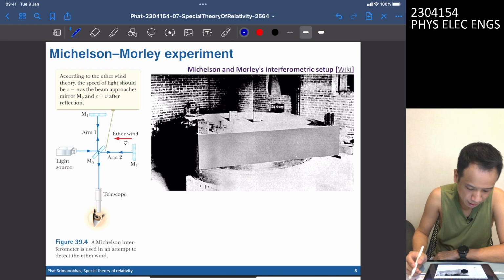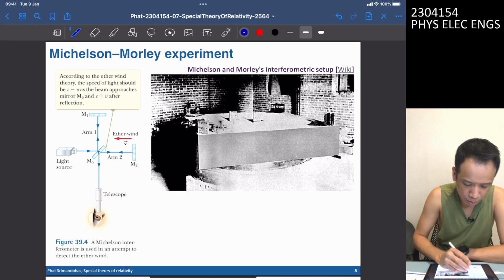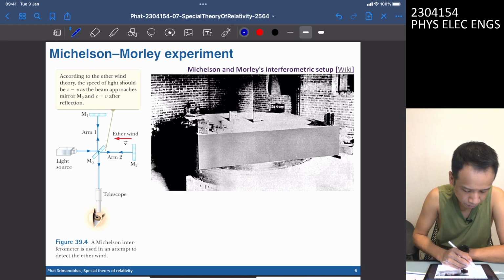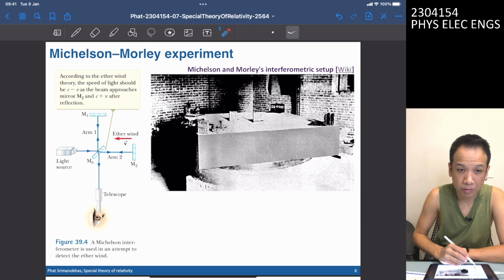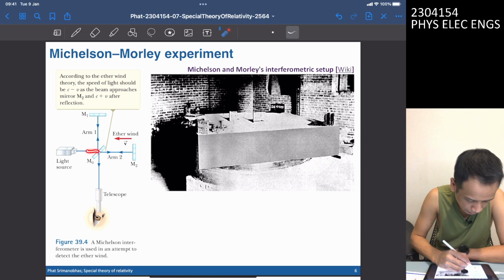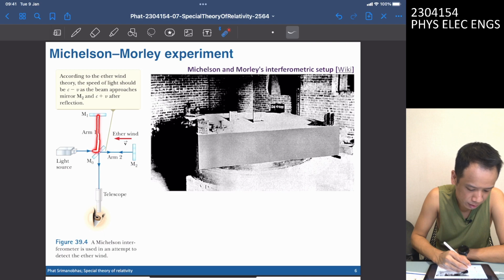The experiment starts with the light source. The light source produces light, so they are in phase, right? Then it is incident on the first mirror, and it splits. The first beam goes in the arm one direction, sees the mirror, reflects, comes back, refracts, and goes to the telescope.